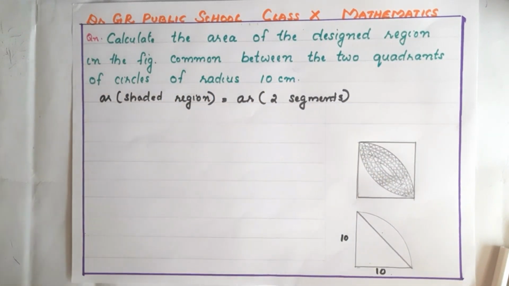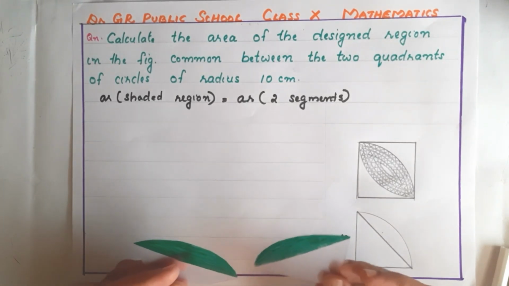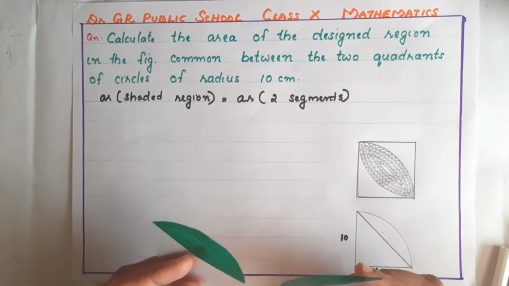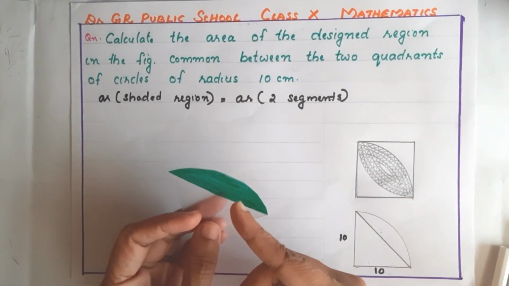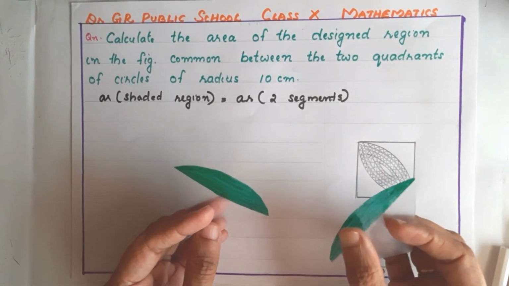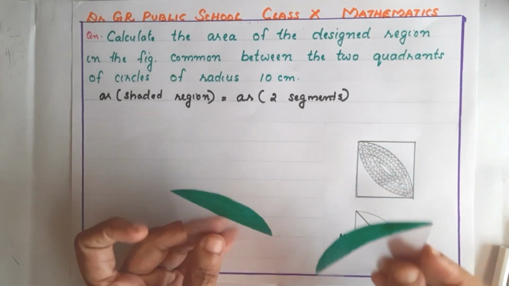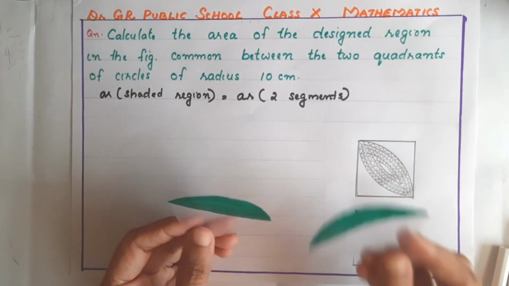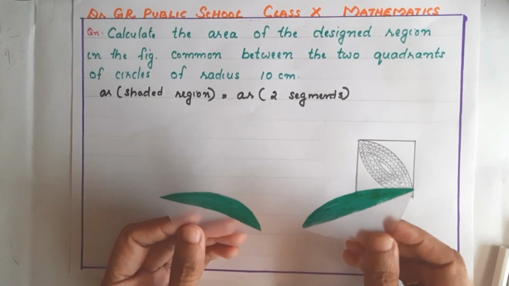Both the quadrants have the same radius. So when we find the area of one segment, we can say the area of the second segment also, because both have the same radius. Same figure. So now let us find the area of one segment.